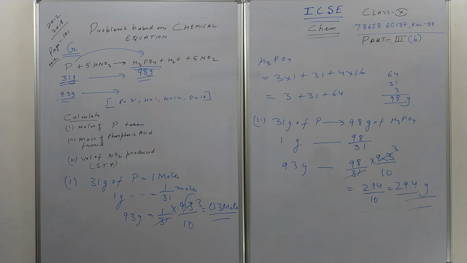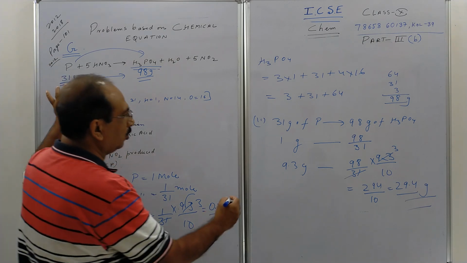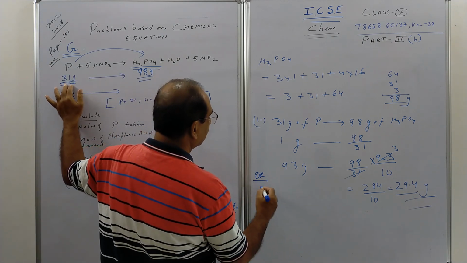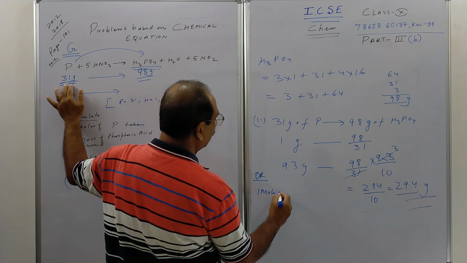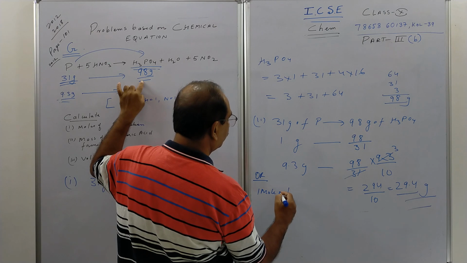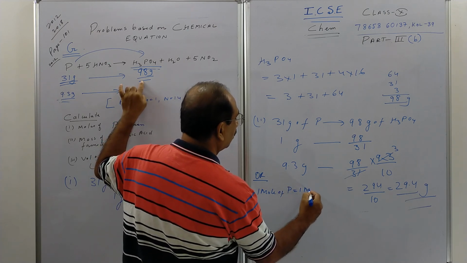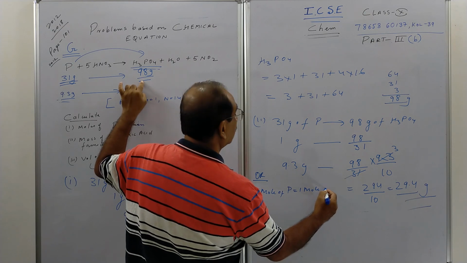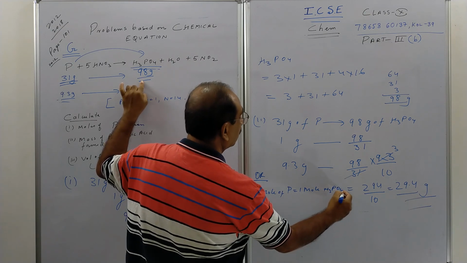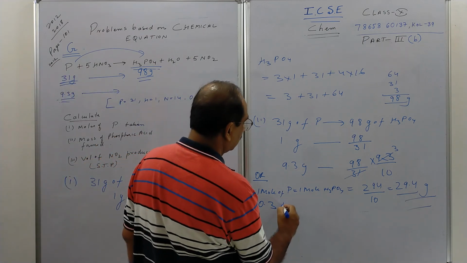Now this question, same, children, if I do based on mole, mass of phosphoric acid. So here you see 1 mole of phosphorus gives you 1 mole of H3PO4. So 0.3, here I have shown you 0.3 moles.